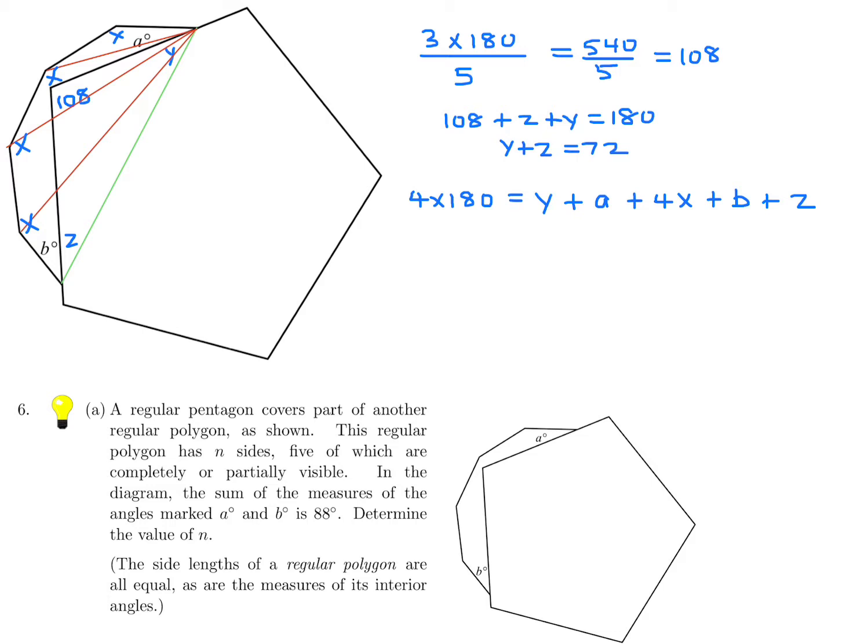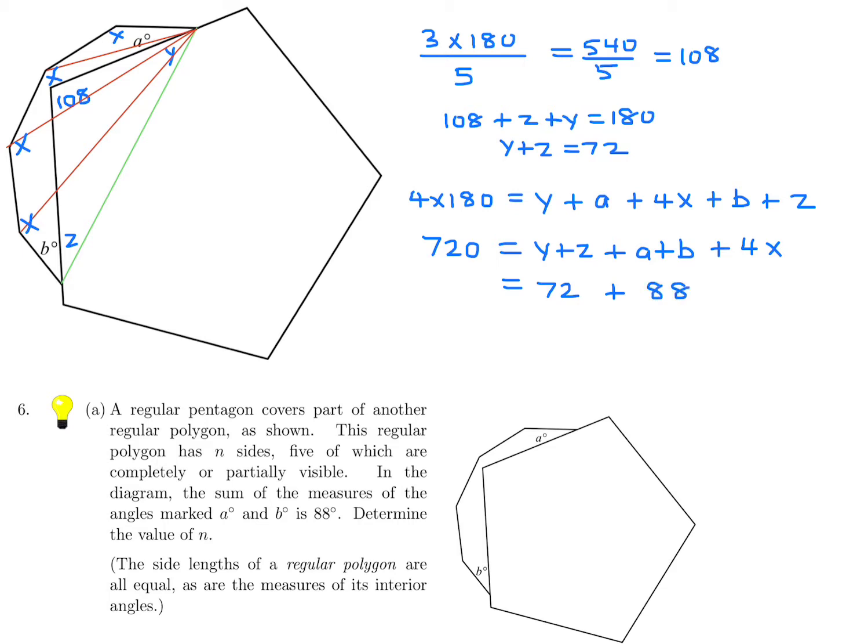So, okay, I think we can go with this. 4 times 180 is what, 720? And then we have y plus z, I'll group those together. Then I have a plus b, I'll group those together, and we have a 4x. The good news is y plus z we already figured out was 72, and a plus b they gave us is equal to 88, the sum.